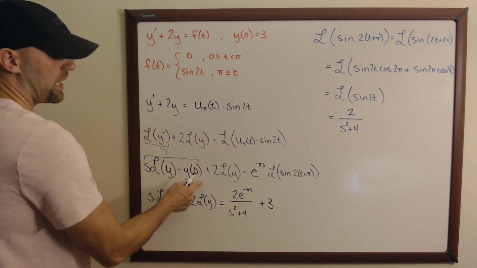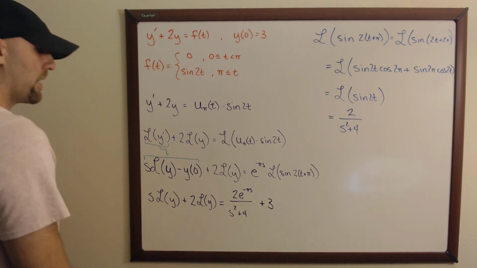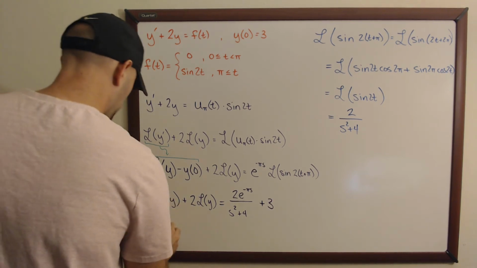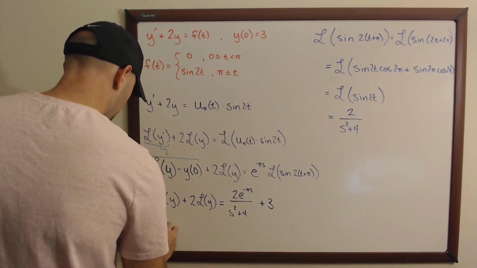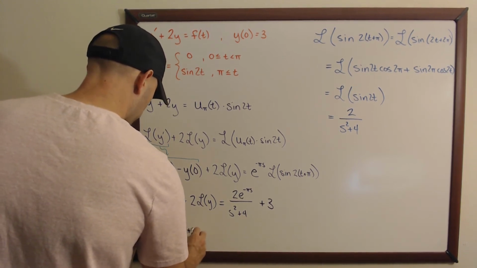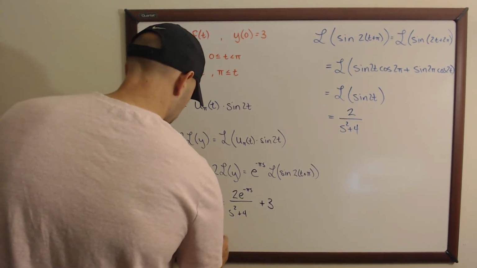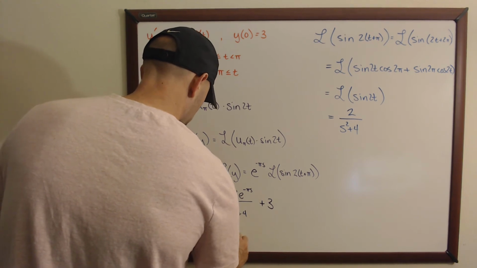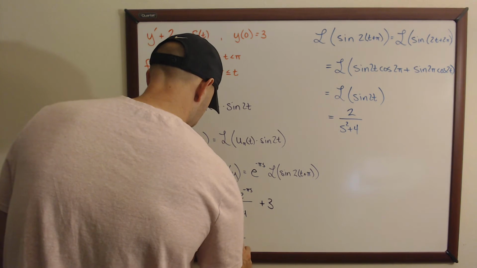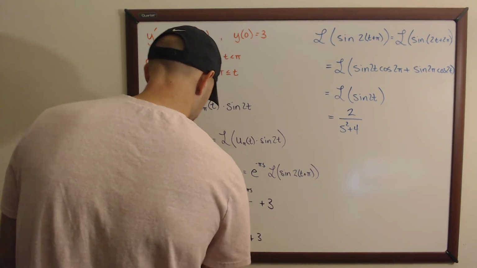That negative 3 here is added over to the right. Okay. From this point, I can factor out the Laplace transform of y. Now I've got the Laplace transform of y times s plus 2 is equal to 2e to the negative pi s over s squared plus 4 plus 3.